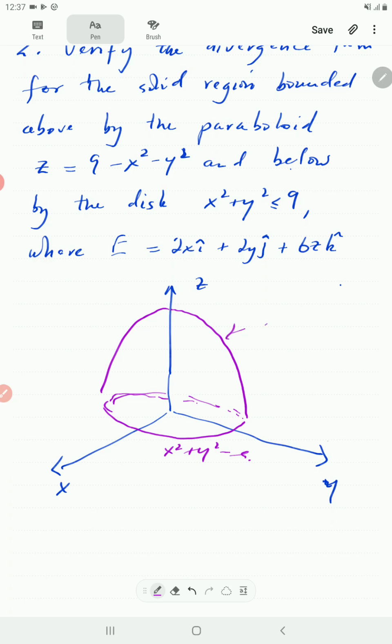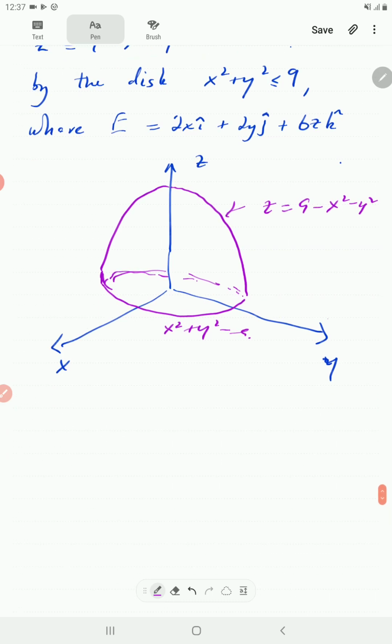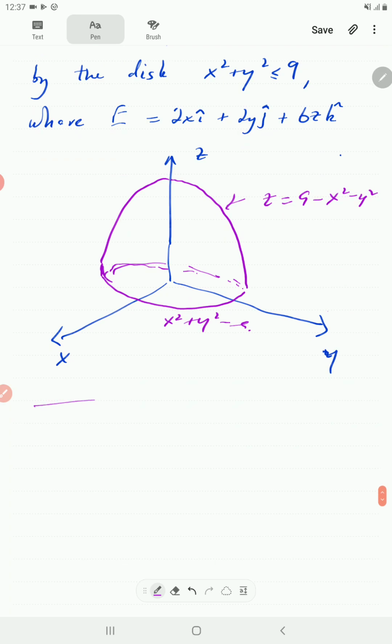So this here is z equals 9 minus x squared minus y squared. So this has got two surfaces. There's this one here which we're going to call S1, and then the bottom disk which we're going to call S2.